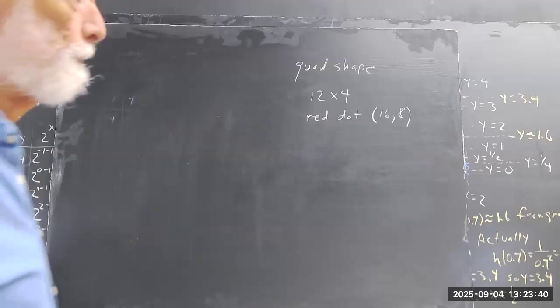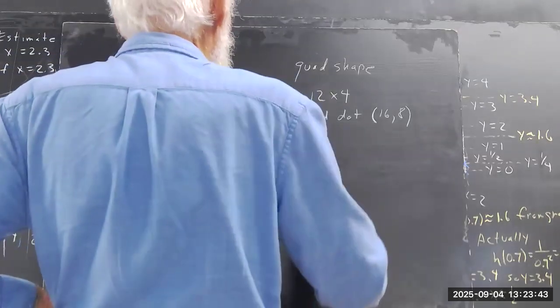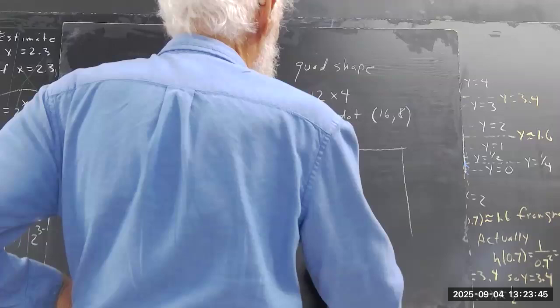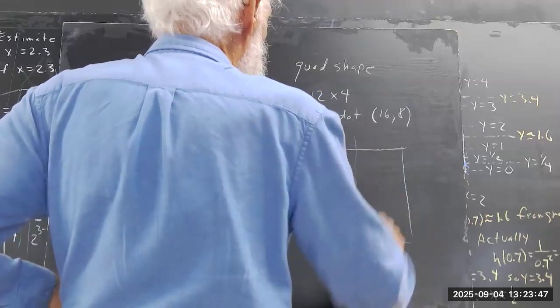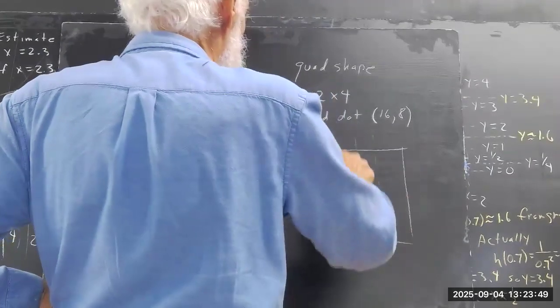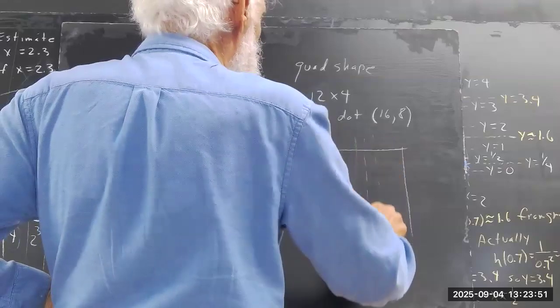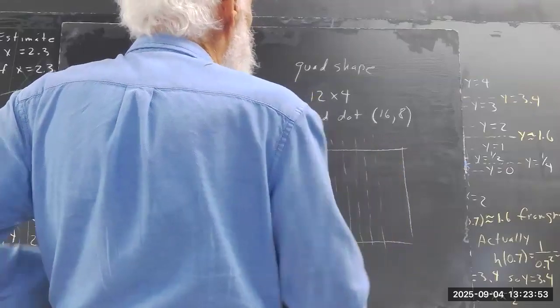The grid, which you should be able to draw really quickly, but I want to get it down quickly. We divide it here, here, here, and then here and here. Everything's a halfway.